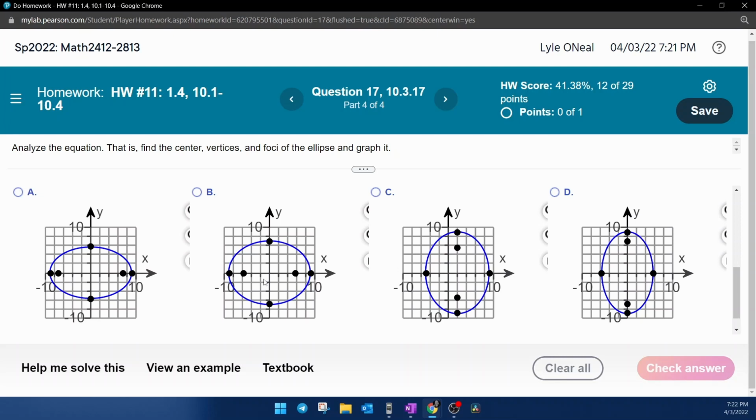The difference between these answers, well, I notice the minor vertices are different, but the location of the foci are different as well. So we're going to need to approximate those foci to decimals and see which one of these two graphs has the closest foci.